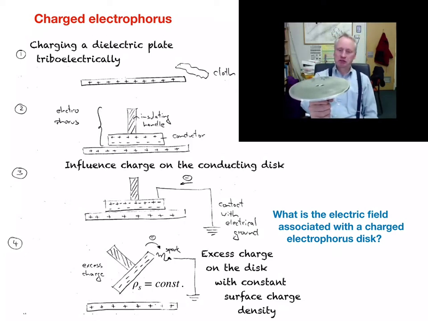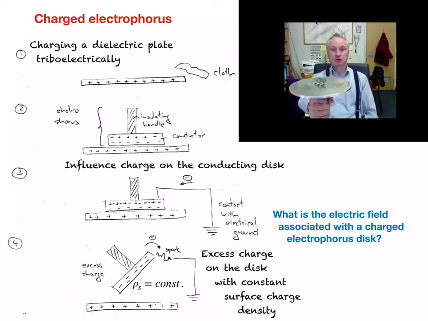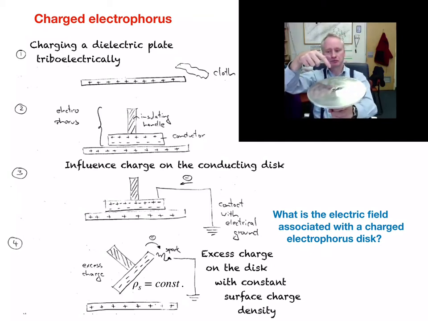It should therefore be possible to calculate the electric field above the disk. And that's what this problem is about, the direct determination of the electric field above a cylindrical disk.